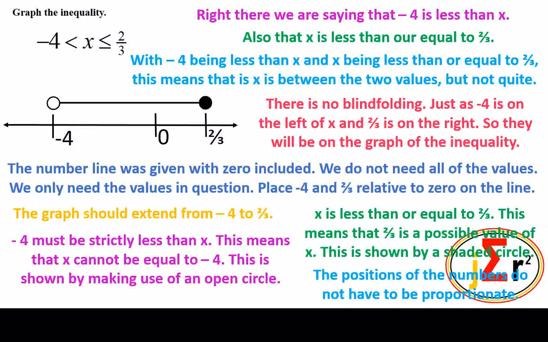I like to use terms like the negative side, the positive side. In the negative direction, we have -4, and it is the negative direction relative to 0. So there we have our -4. And in the positive direction relative to 0, there we have our 2/3. And it is not necessary for them to be proportionately placed.